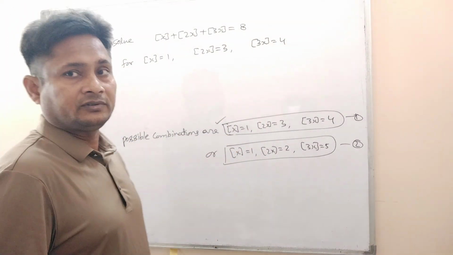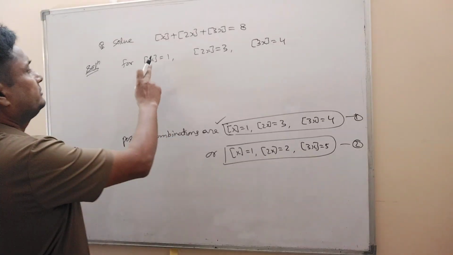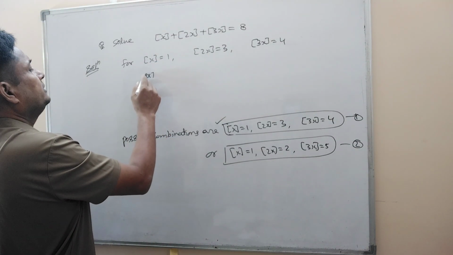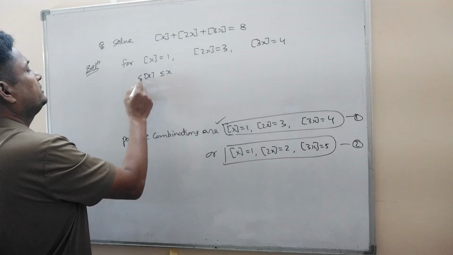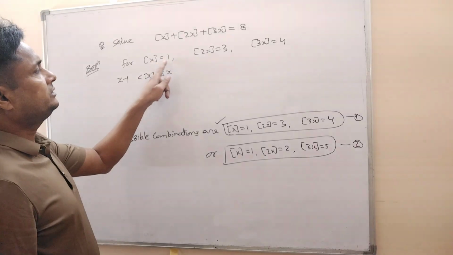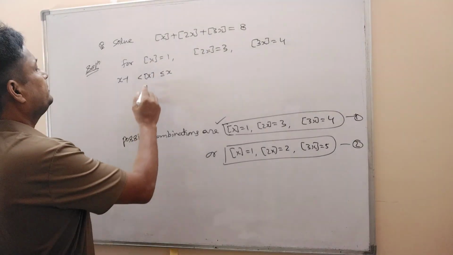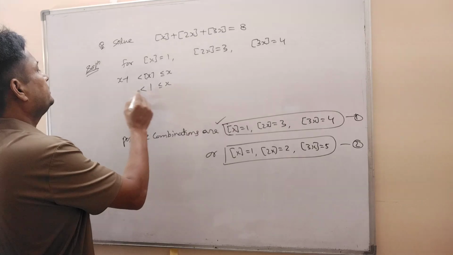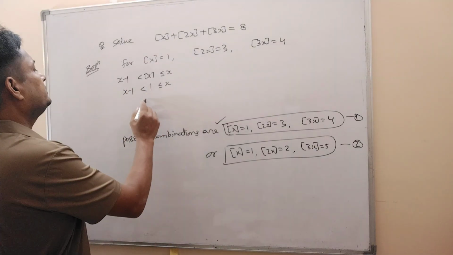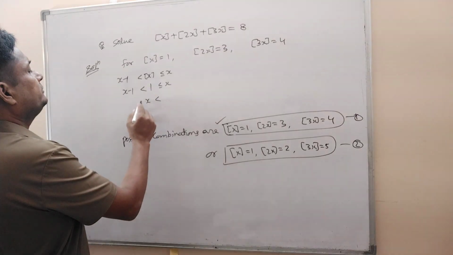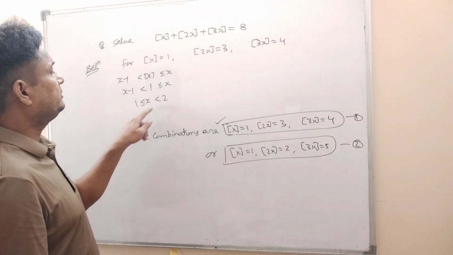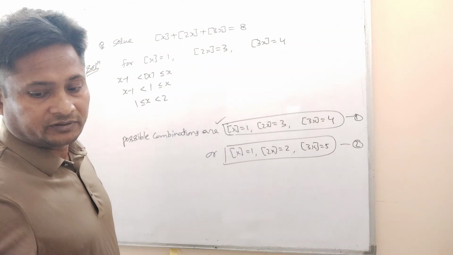For the first set, find out this one. Greatest integer of x is less than or equal to x and greater than x minus 1, and it is giving 1. That means 1 is less than or equal to x and greater than x minus 1, right? So x will be greater than or equal to 1 and less than 2.